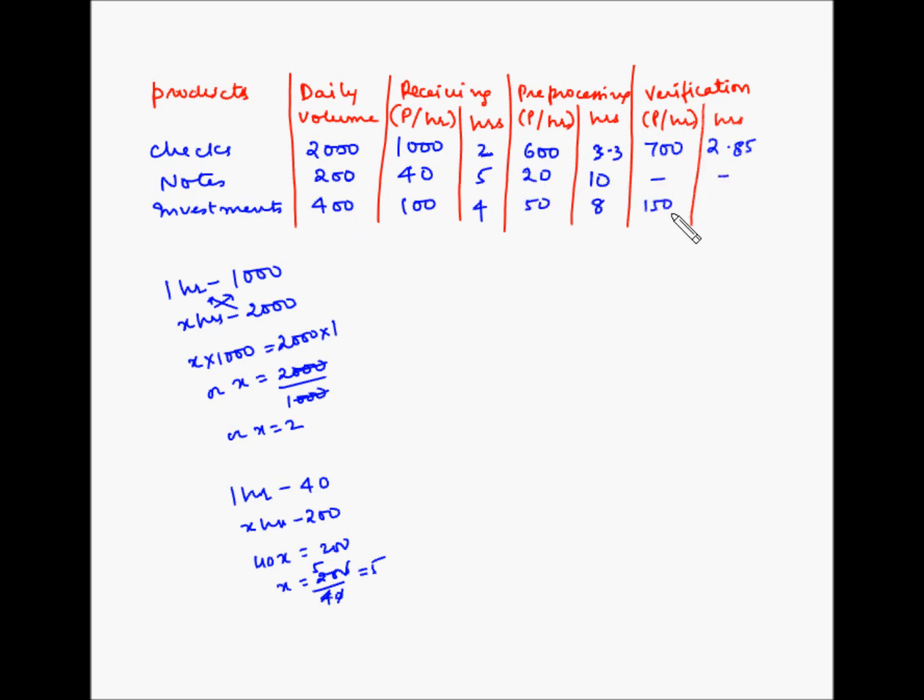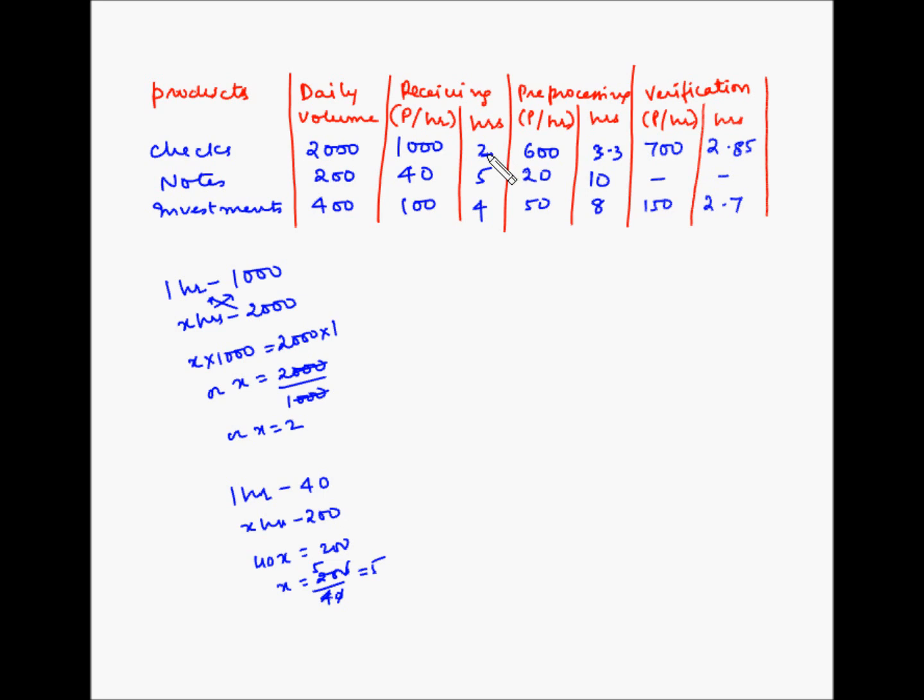And 400 divided by 150, which comes to 2.7. So now we have the number of hours required to process each document for each sub-process.